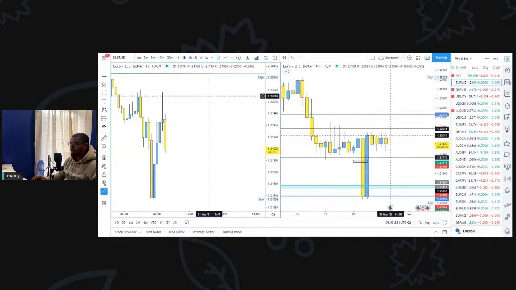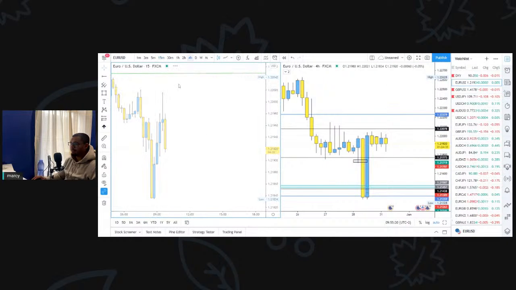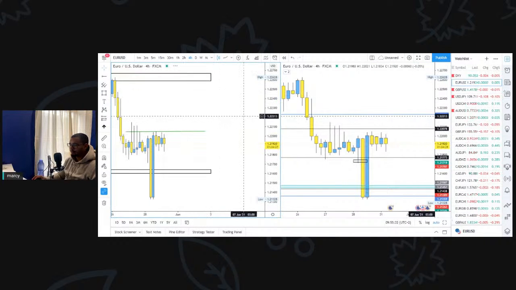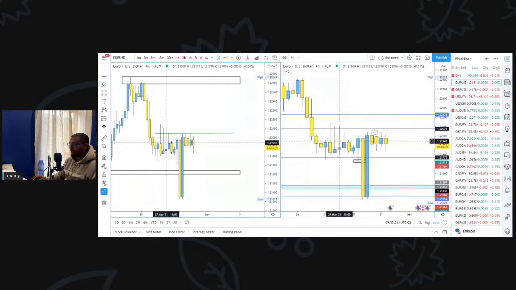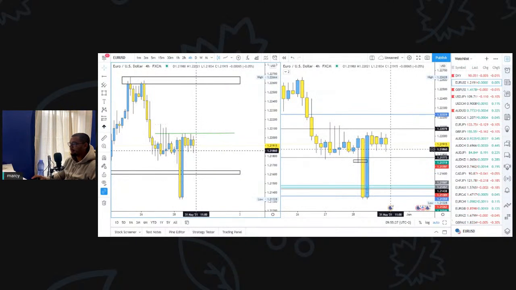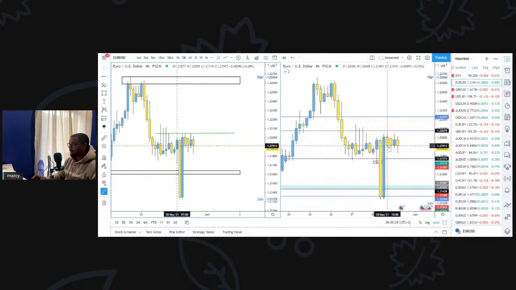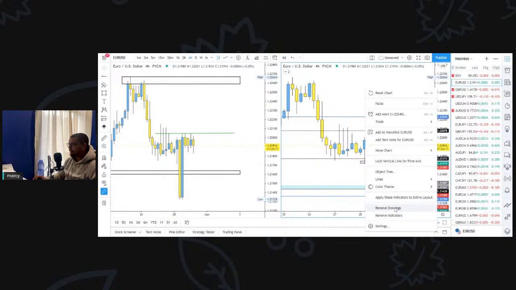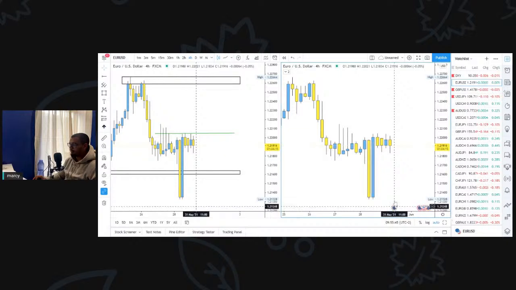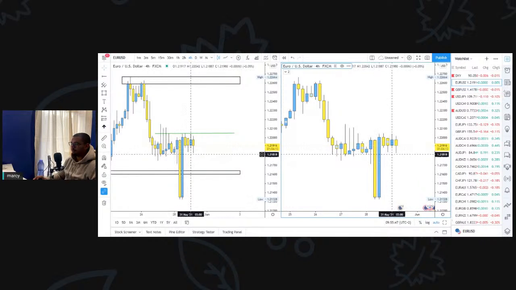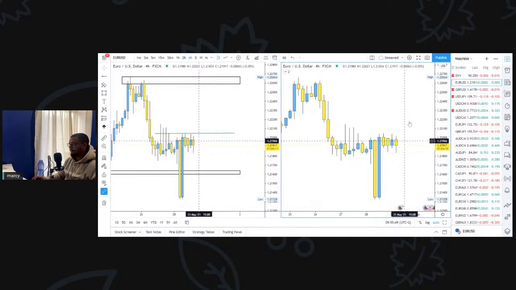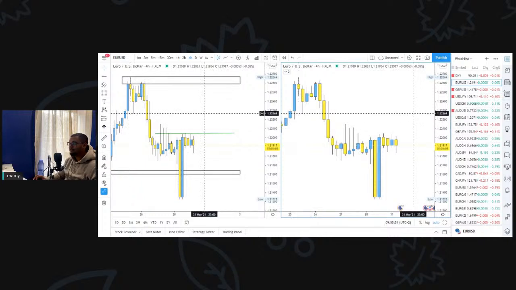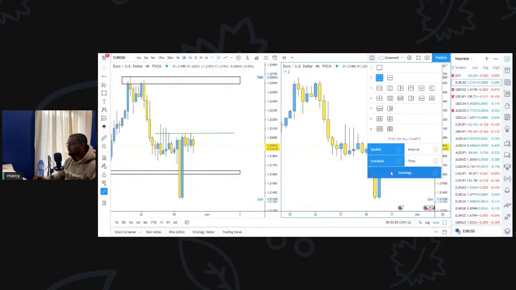This chart is clean. I have no clue what these lines are right here. I wonder if I clear this, would it remove all? Okay, so it's just a side. So then why is it not syncing? It's not supposed to sync all drawings.